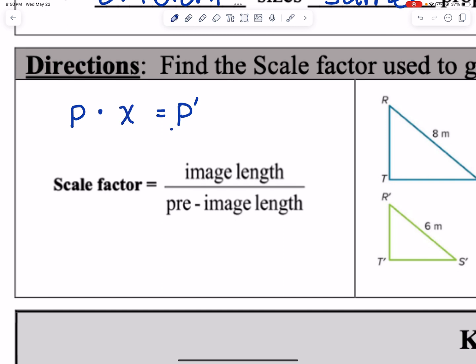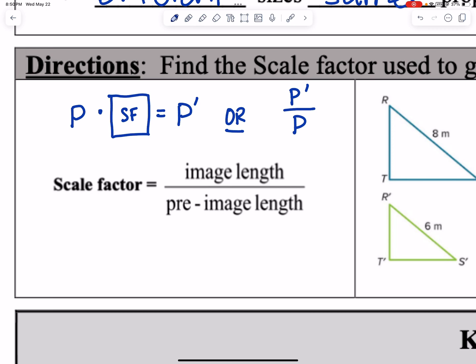Obviously, to get x by itself, we would divide by P, and divide by P, this would go away, and we would have x equaling what our scale factor is. So just being aware of what we're doing there. So that's how that works here. This little spot here is our scale factor, this SF. So pre-image times what gets you your new image, and we know that we can also just do P prime divided by P, and that will equal our scale factor.